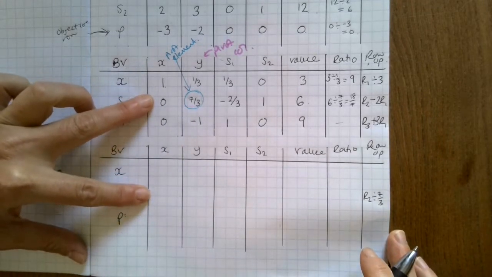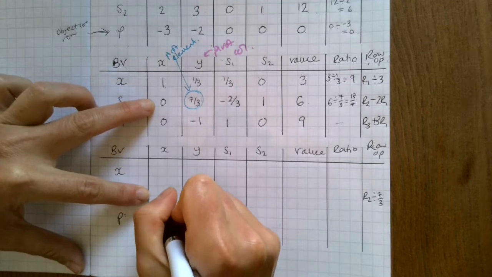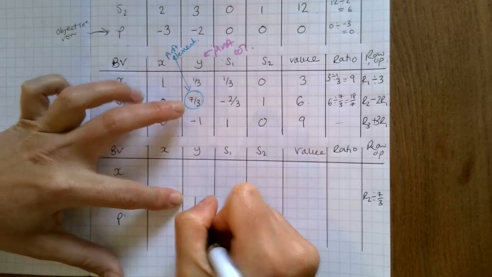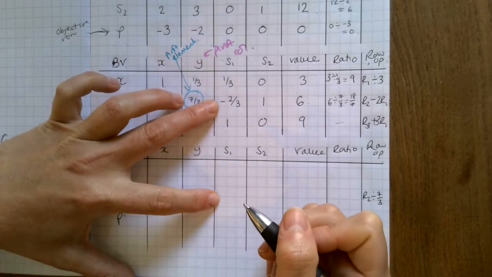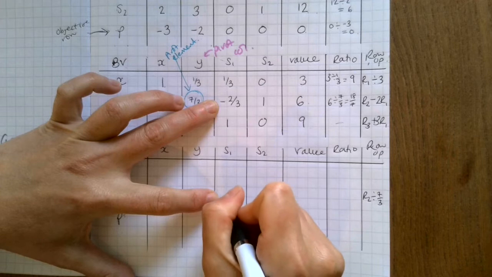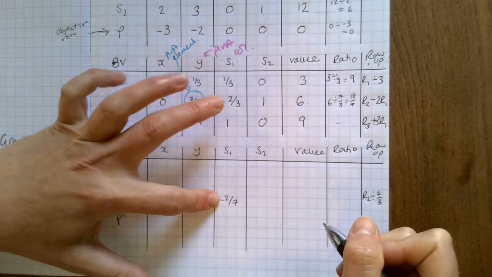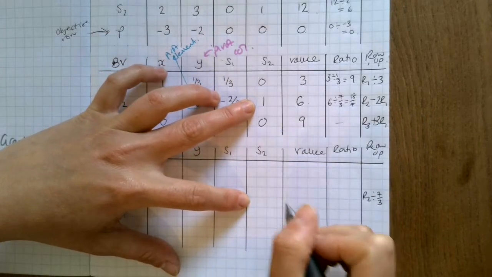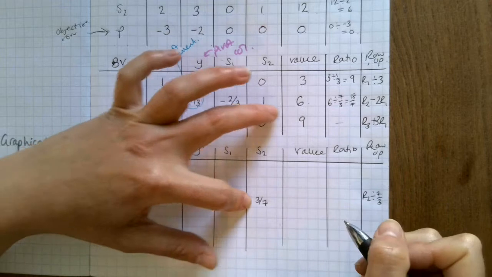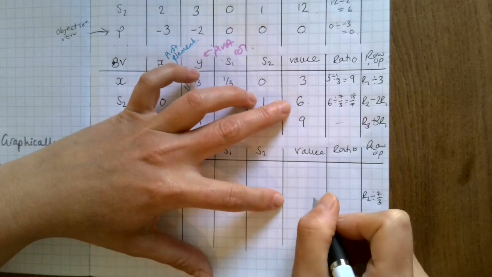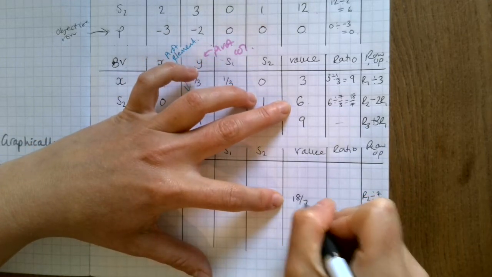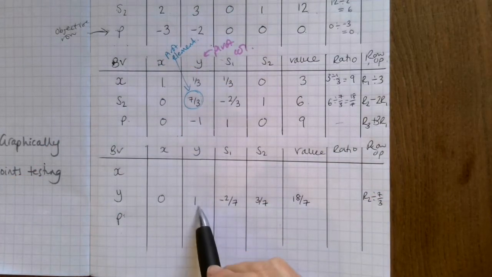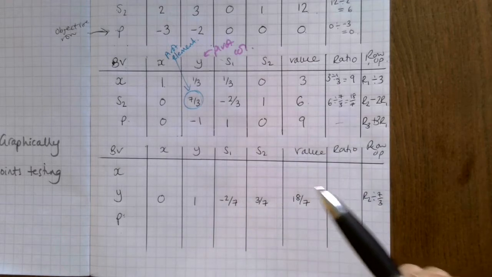So it's going to be 0 divided by 7/3 is 0. 7/3 divided by 7/3 is 1. Minus 2/3 divided by 7/3 is minus 2/7. 1 divided by 7/3 is 3/7. 6 divided by 7/3 is 18/7. Okay, so that's that row done, and my pivot element is now 1, so that's good.